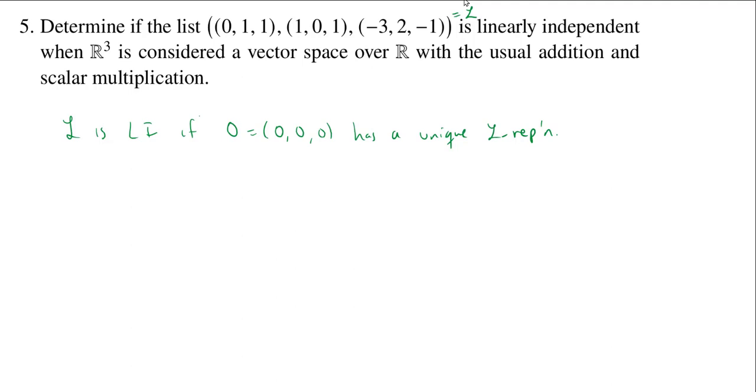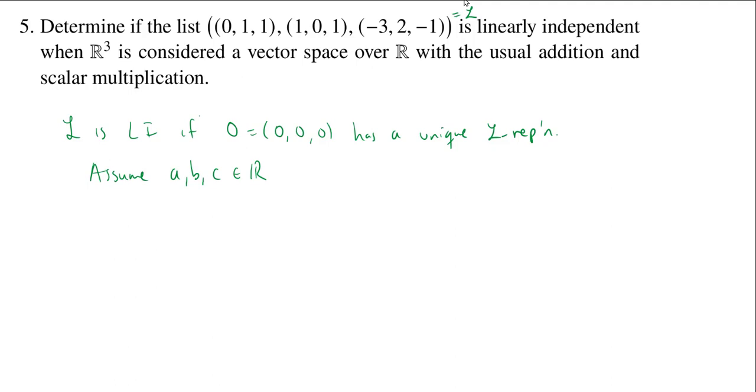So what would that mean here? Well, we know the 0 vector always has the trivial representation, where you just write down 0 times each of these vectors and add them up. That'll certainly give you the 0 vector. But we want to show that's the only one. So I'd say assume I have real numbers A, B, and C. Why reals?